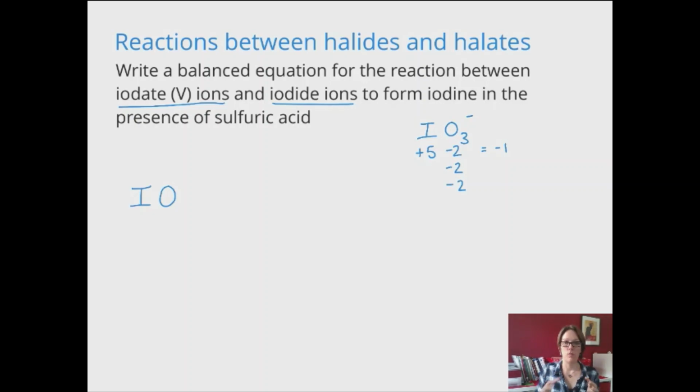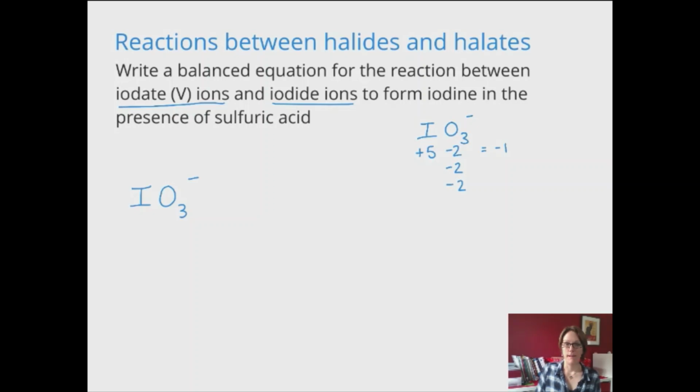So if I just added 1 oxygen to a +5 iodine, that wouldn't work. That would give me a positive ion. So iodates are generally, and halate ions are negative. So it's really just how many oxygens I need to add, and I need to add 3 because 3 lots of -2 is -6. If I add that to my +5, I get a -1 charge. So the formula is IO3-.